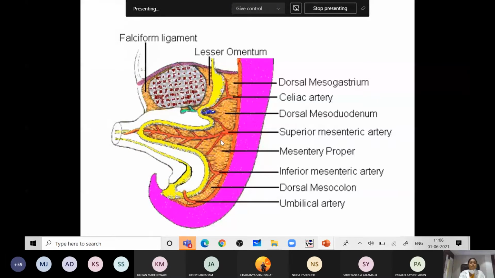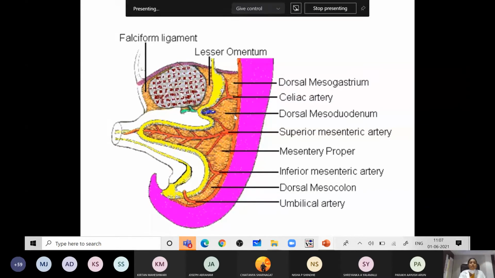Whereas the rest of the foregut and remaining part of midgut and hindgut, they are all suspended only by the dorsal mesentery. Clear? This is all the dorsal mesentery, which is occupied by the dorsal aorta, a pair of dorsal aortae. Here only one is seen because this is a sagittal section.